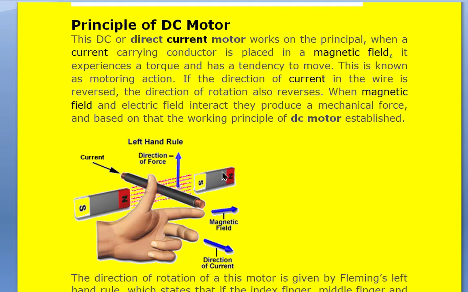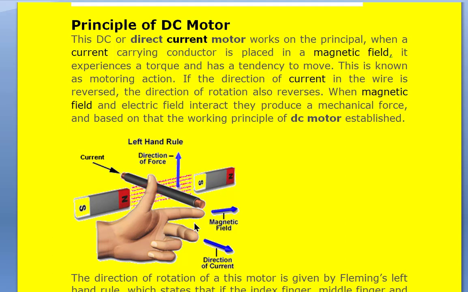This is the magnets. This is south pole, this is north pole. And exactly perpendicular to that, there is a conductor like this which carries current in this direction, that is in the direction of the second finger, that is out of the paper, whereas the field lines will flow from left to right on the paper.